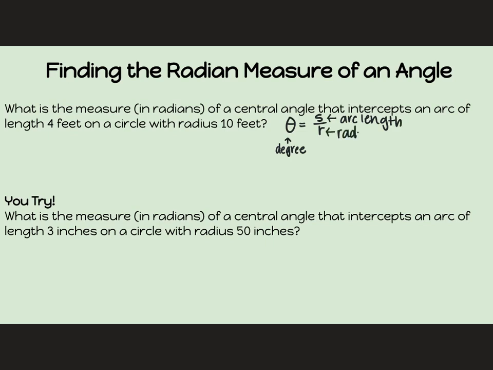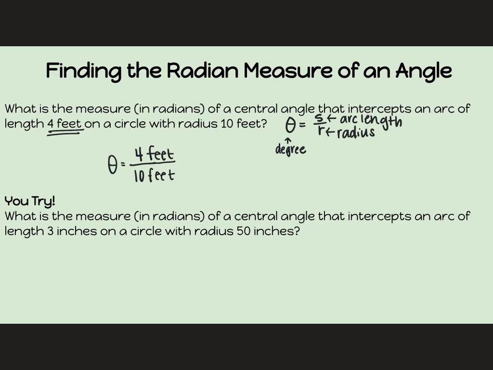We're basically just taking the information they give us and plugging it in. Arc length is 4 feet, so that goes where S is. Radius is 10 feet, that goes where R is. And we're solving for theta, which is that angle measure.